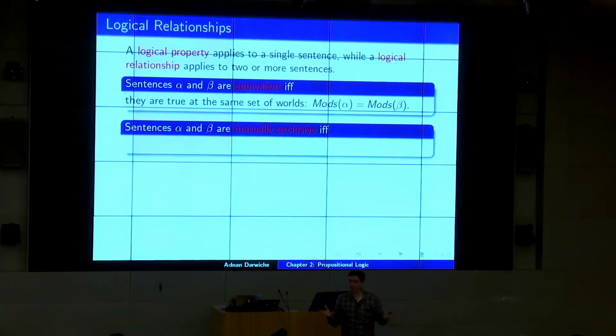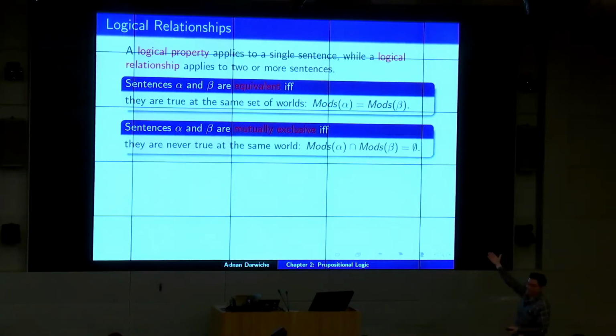Mutually exclusive alpha and beta. Don't say world. They can't happen at the same time, right? So the models of alpha intersection the models of beta is empty, right? There is no world that makes both of them true. You good? Mutually exclusive.